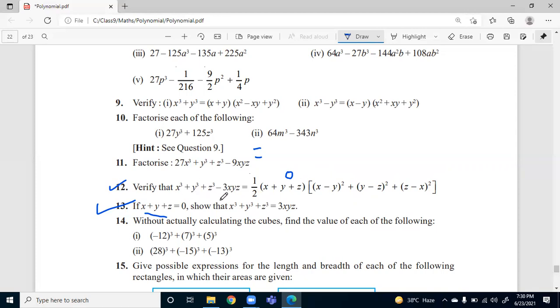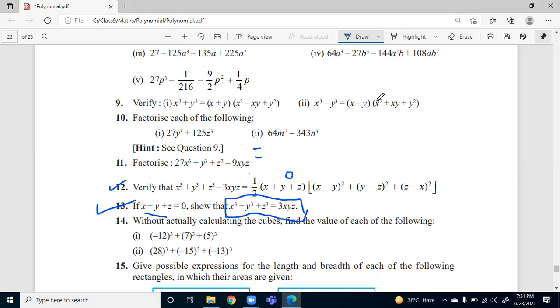Minus will go to the right hand side, then it becomes plus. So what is the identity we are getting? We are getting x cube plus y cube plus z cube is equal to 3xyz. That happens only when x plus y plus z is equal to 0.